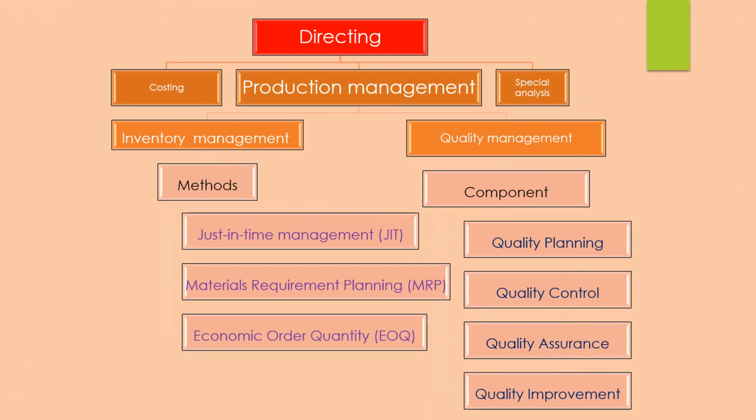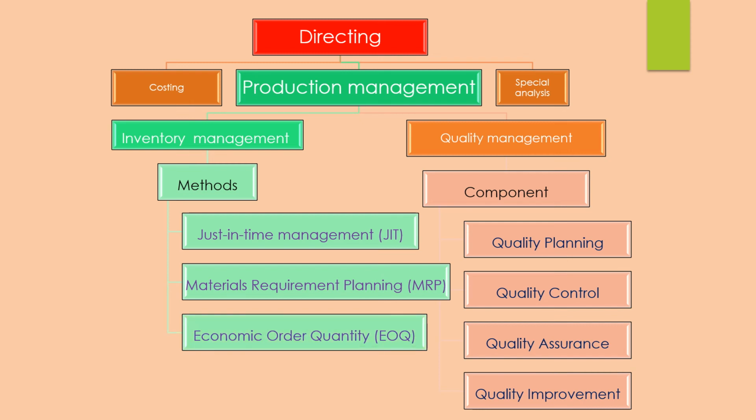Not only the costing, but also the production management is really important in a manufacturing organization. In a manufacturing organization, more than 80% of the cost is represented by the inventories. When it comes to inventory management, management accountants can use different methods such as JIT, MRP, as well as EOQ.